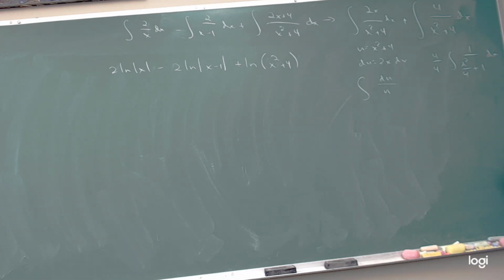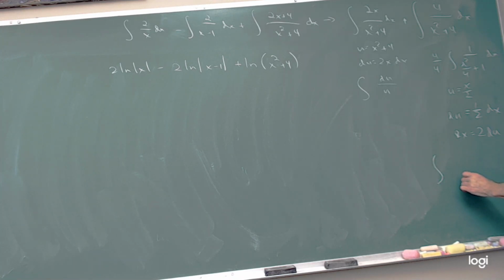Yeah. Now we need a u substitution. Nice. So if u is x over 2, du is a half dx. So dx is 2 du. We okay with that? So we got rid of that 4 over 4.